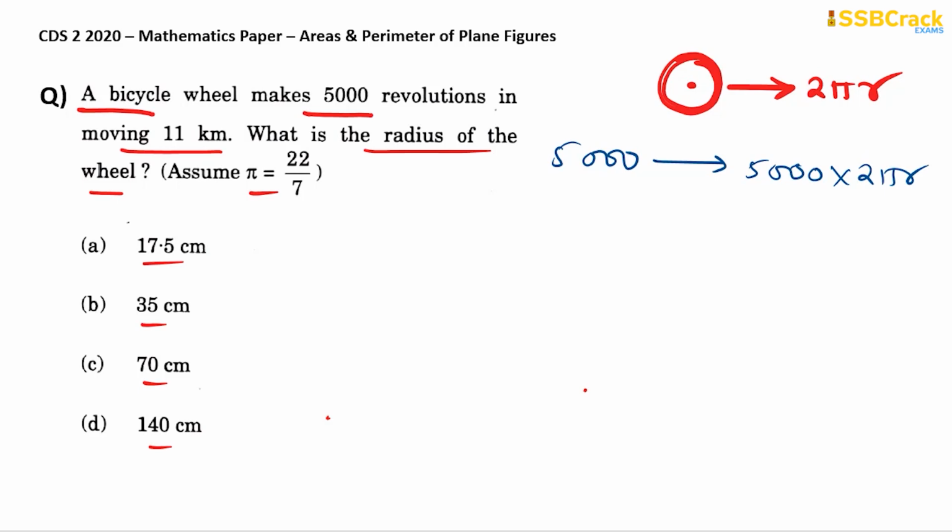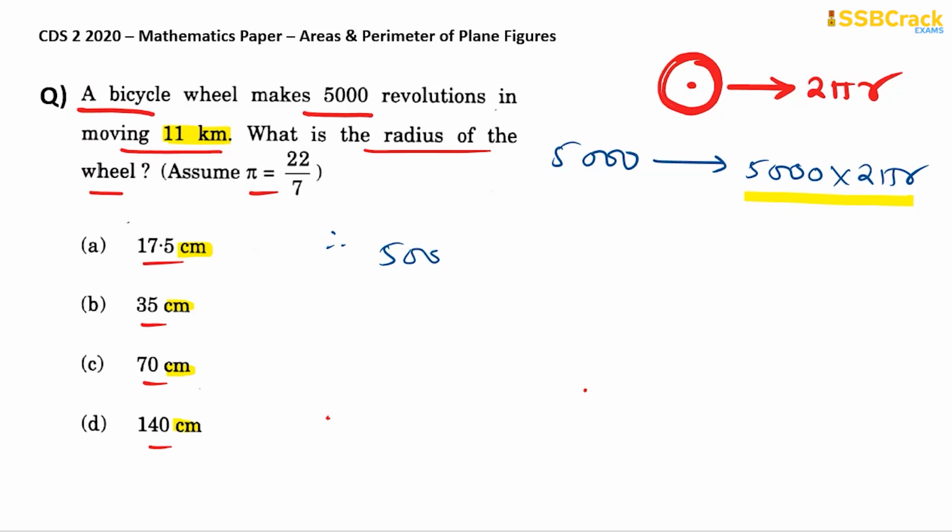But this is known to us. It is 11 kilometers. So the distance is known. We shall equate it with 5,000 into 2πr to get the radius value. But that will give you the answer in kilometers because the distance is in kilometers. So you have to convert your kilometer reading into centimeters to match the options in centimeters. So let's proceed.